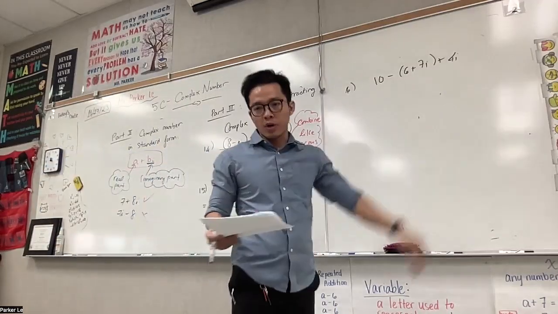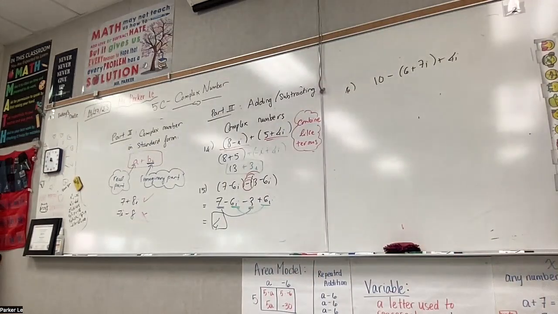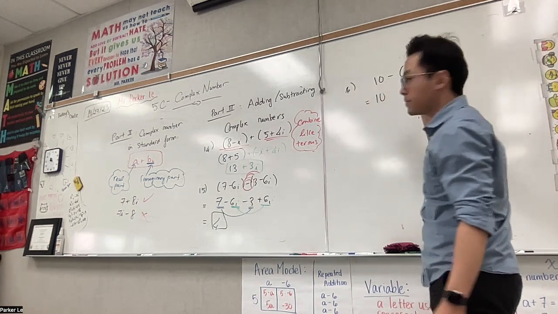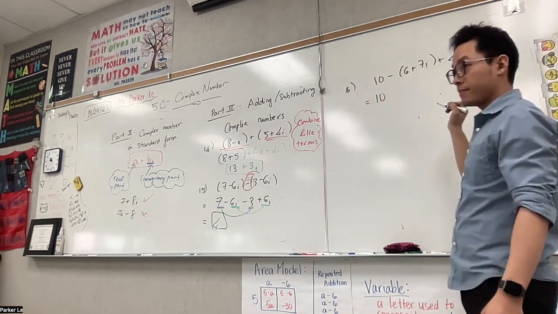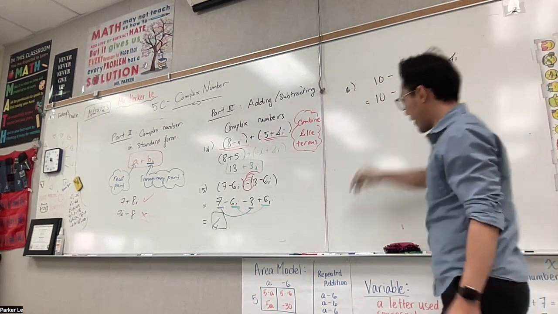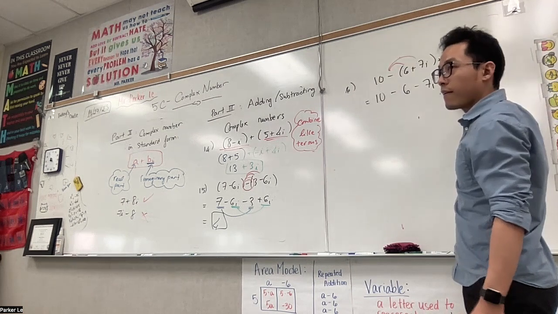All right. Are you ready? Want to try this? What are we going to do? 10 minus 6, minus 7i. Again, you see the negative, you need to distribute the negative, right? And then plus 4i.